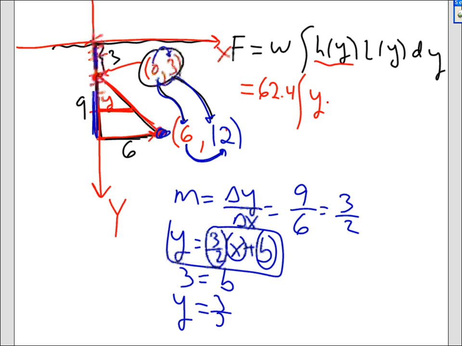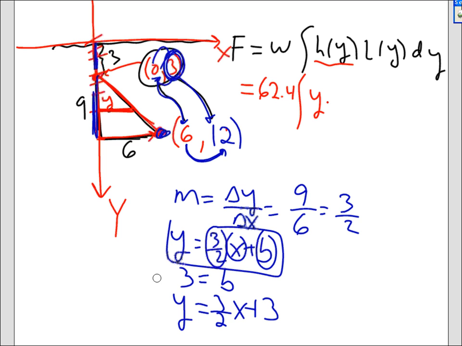Y is 3 over 2x plus b. Except I didn't live up to what I promised. The other thing you can say is when you have 0, anything, that's b. Okay, so we have the equation of the line.